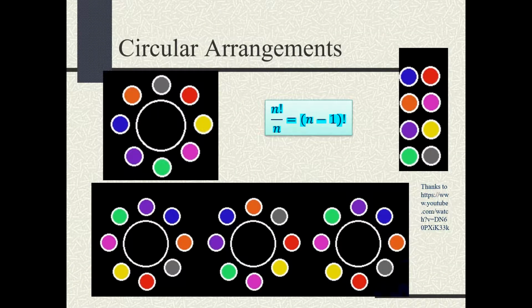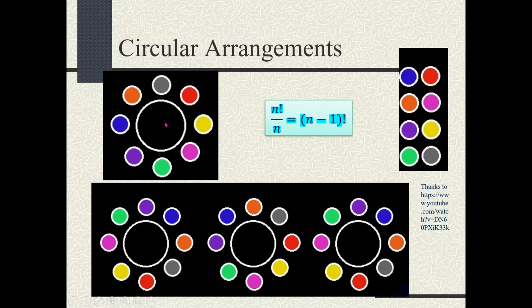Next, I introduce the concept of arranging things in a circular pattern. Suppose we have these 2, 4, 6 and 8 different balls, and each of them has a different unique color, and I have to arrange them in different circles. Suppose I put the gray ball here followed by the orange and so on.